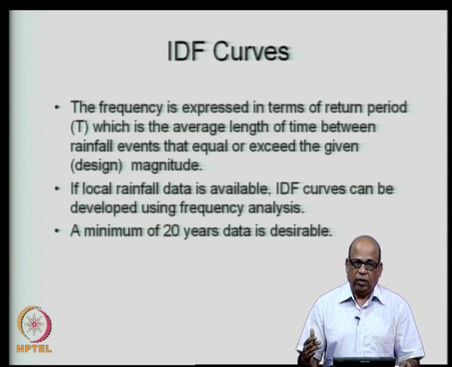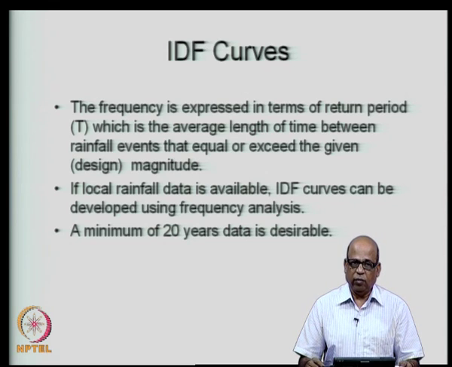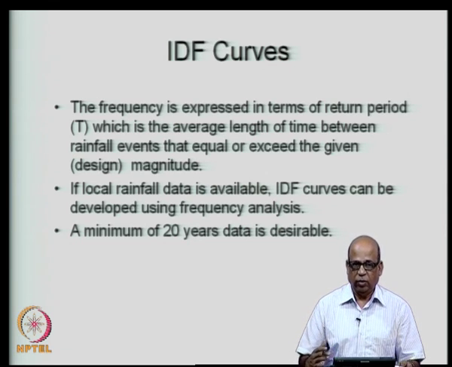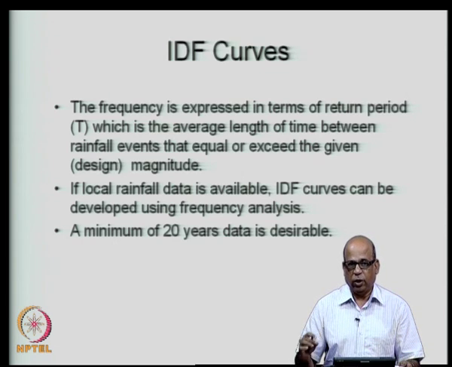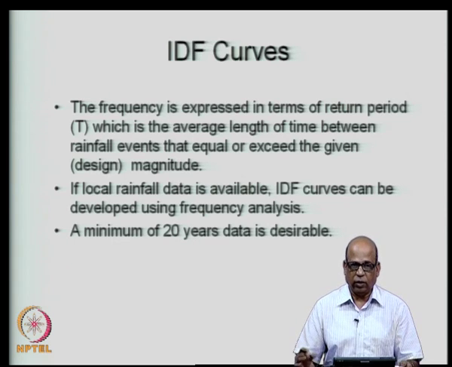Then IDF relationships we can develop based on the observed data. Let us say that you have the last 30 years, 40 years of data of continuously monitored rainfall, or at least every half an hour you have monitored the rainfall, and then you have data for every half an hour for the last about 30, 40 years.